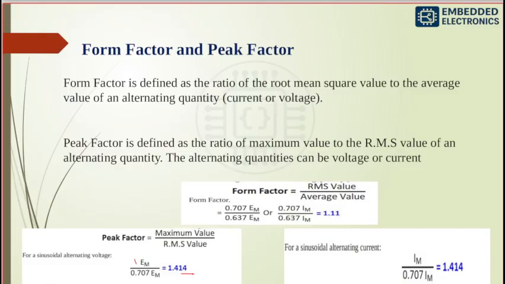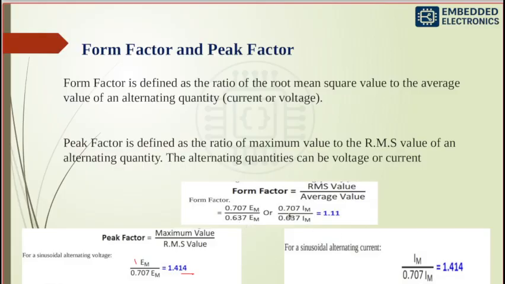And next is the form factor and peak factor. Form factor is defined as the ratio of RMS value to the average value. So for sinusoidal alternating voltage, form factor is 0.707 Em divided by 0.637 Em.